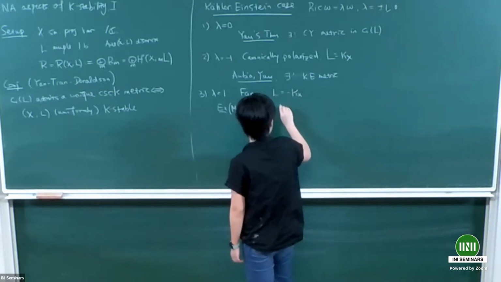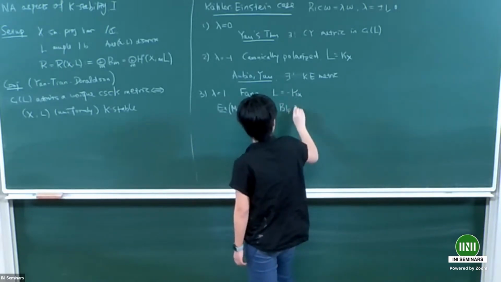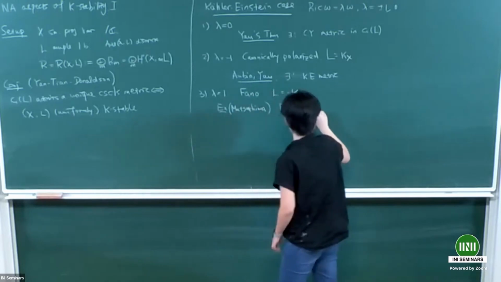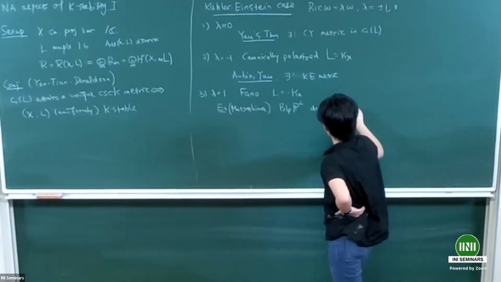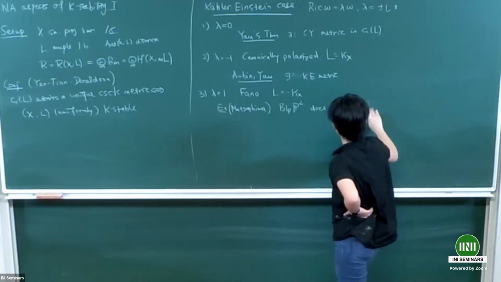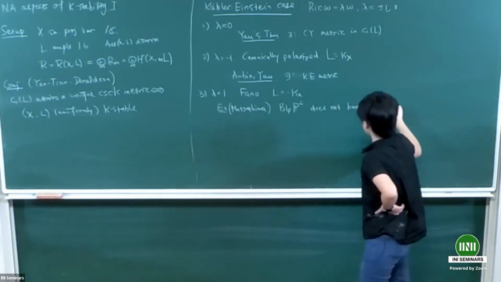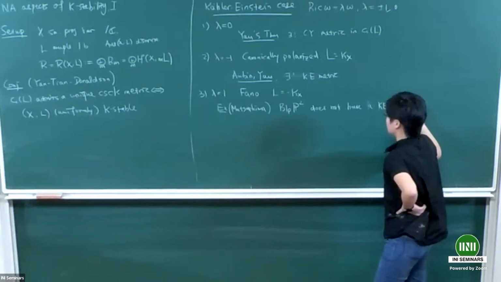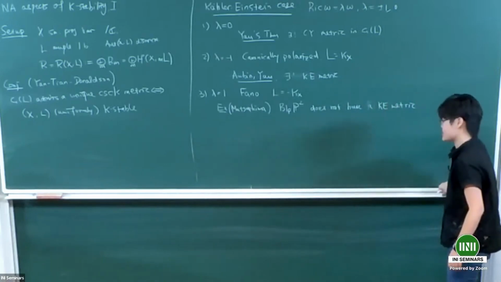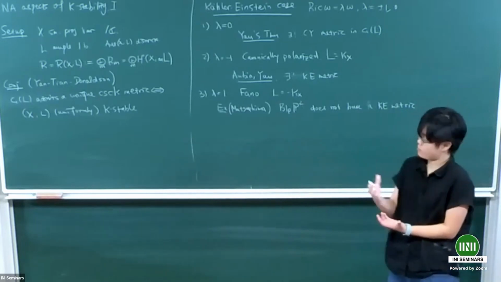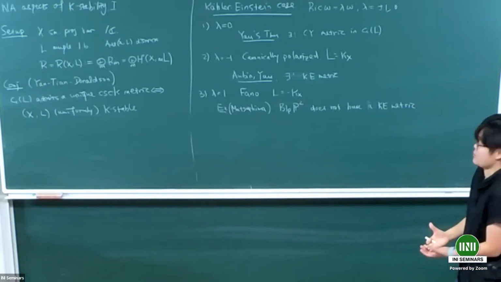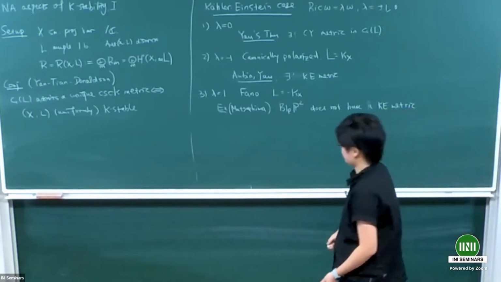So in particular, P2 blown up at a point does not have a Kähler-Einstein metric. So this case is a little tricky. You need some if and only if condition for there to exist a Kähler-Einstein metric.